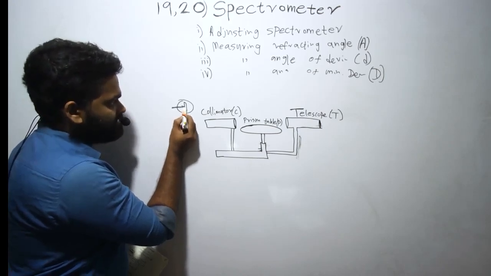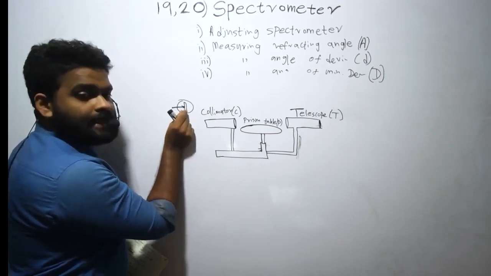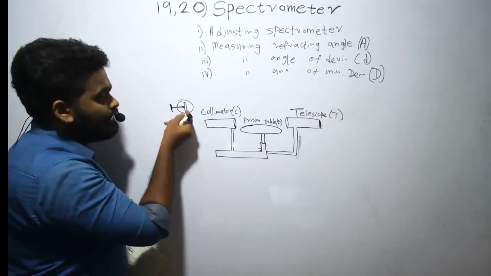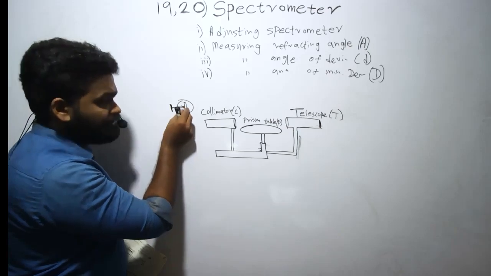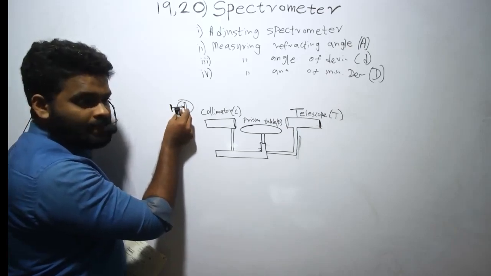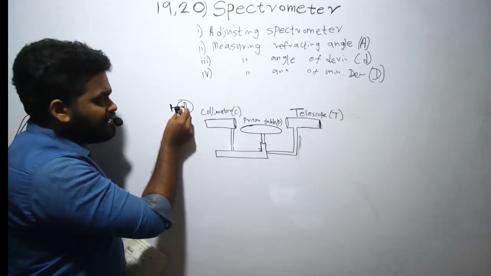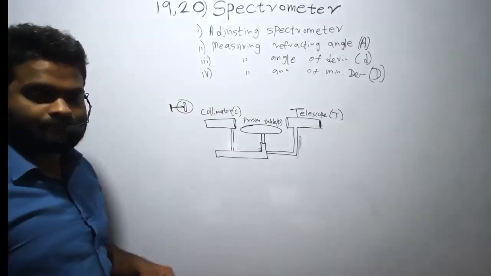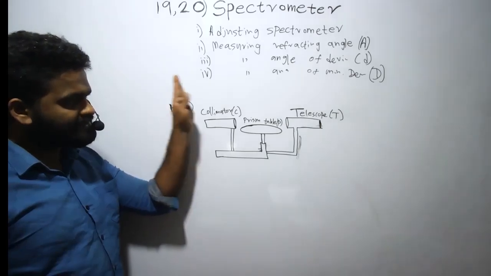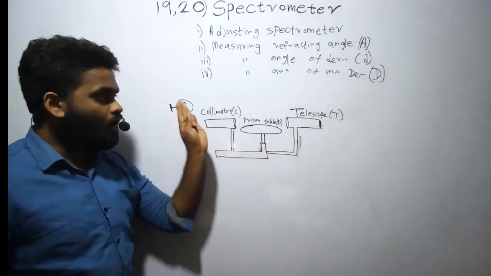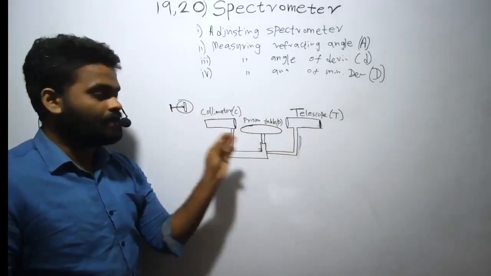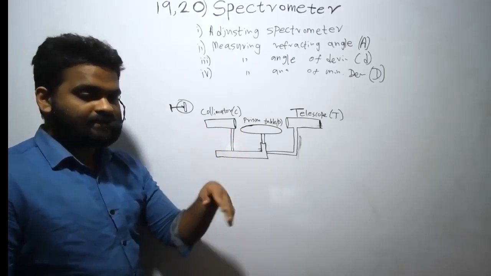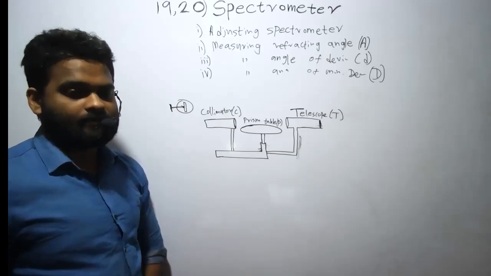You can change the size of this slit using a screw here. When you are doing the experiment, this slit has to be as thin as possible. So this is a simple sketch of the spectrometer. Images of a real spectrometer will be given in that PDF.